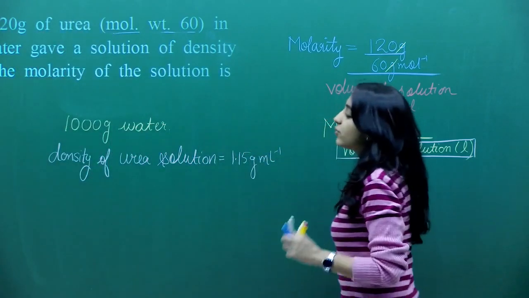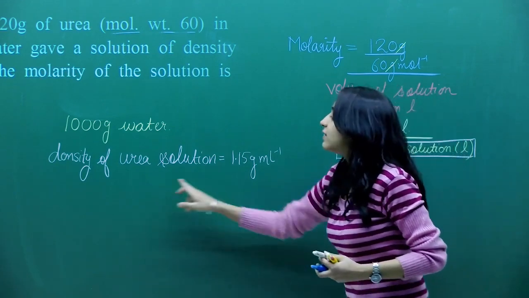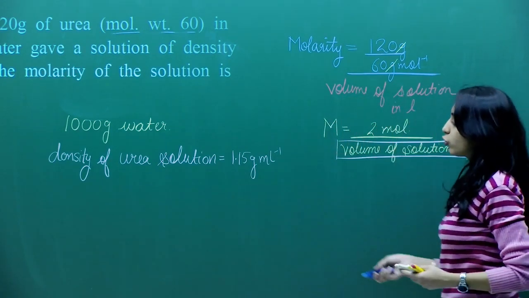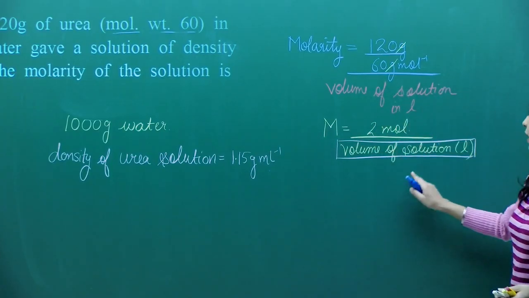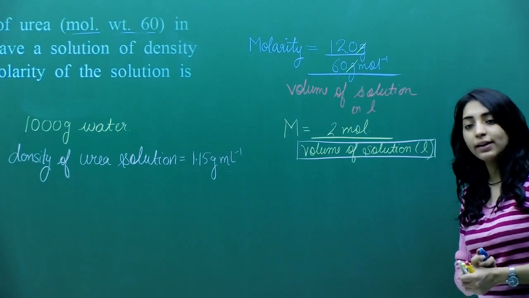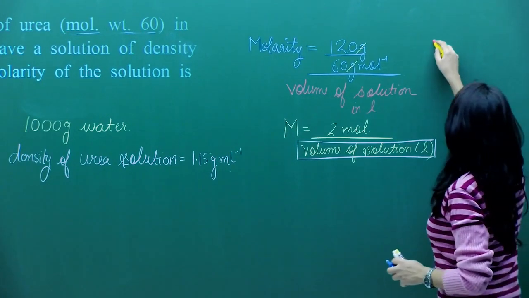So guys, we have 1000 grams of water and the density of urea solution is given to be 1.15 grams per ml. We need to find out the volume of solution, right? Can you tell me what will be the total mass of solution?